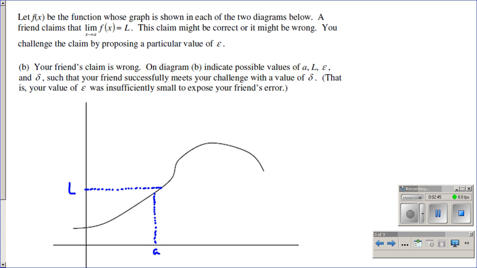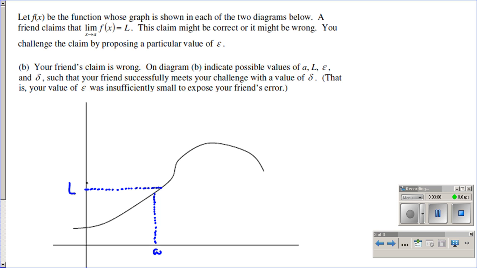So obviously the limit as x approaches a of f of x is not actually the limit that we show here. But our goal is to pick epsilon and delta such that our friend successfully meets the challenge with the value of delta. So we still want to be within the envelope.